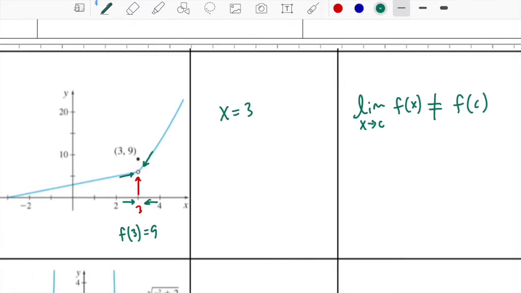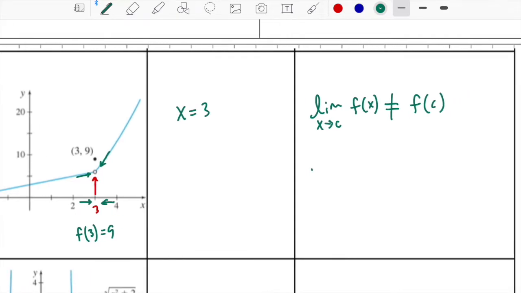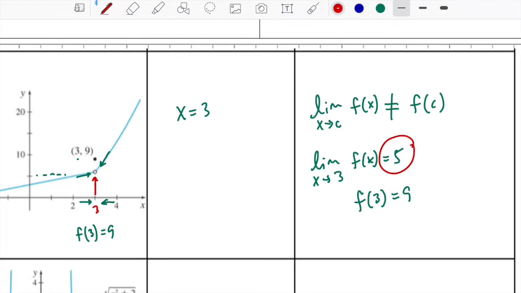Here, notice that the limit as x approaches 3 of f of x is equal to, I believe it looks like 5, but f of 3 is 9. So the limit is 5, but f of 3 is 9. They're not equal to each other, so that is the condition that is not met.